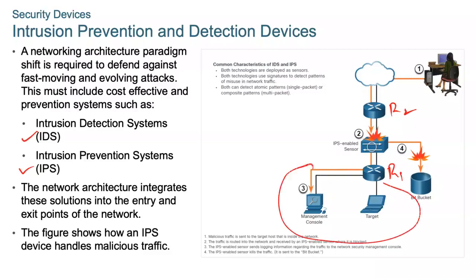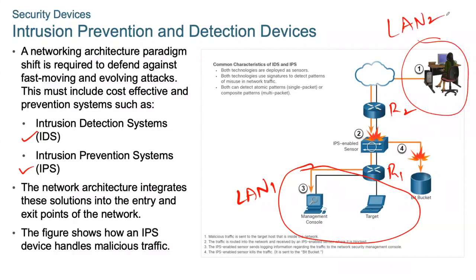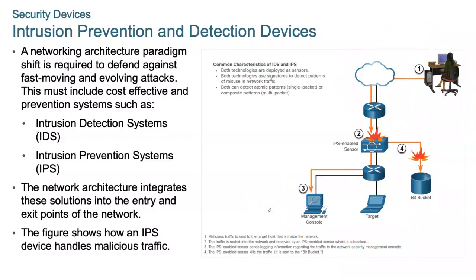This portion is a private network, LAN 1. This is your LAN 2. So networks of networks are connected through the internet. If you see this cloudy symbol, it means it is a public network. So it is connecting two private networks through the internet. Right? So it is a network of networks.